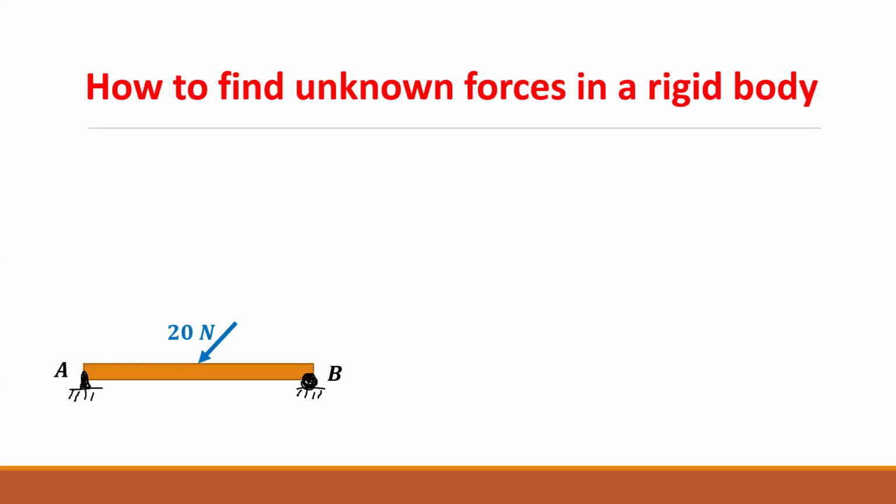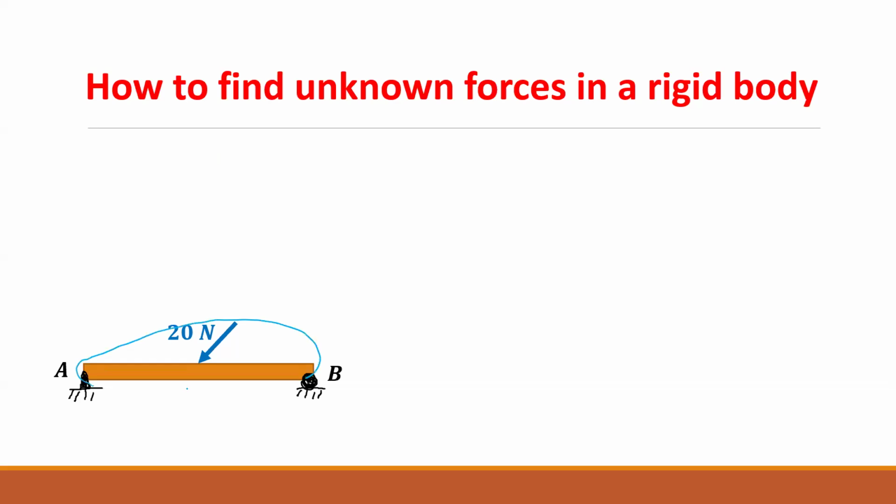Okay, when you do a rigid body problem, first you need to draw the free body diagram. Free body diagram means you consider a part of your structure. So for example, if you want to draw the free body diagram of this beam, you separate the beam.